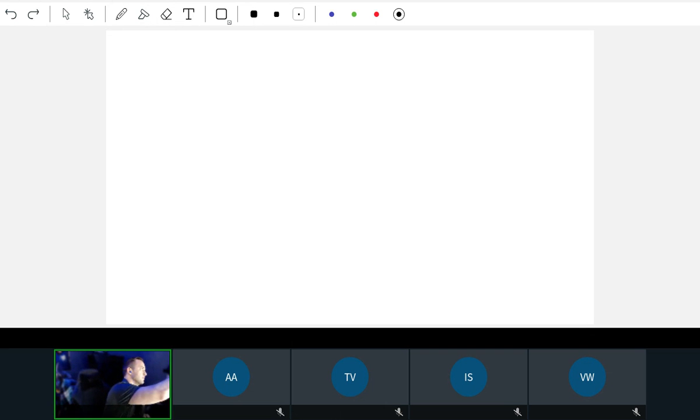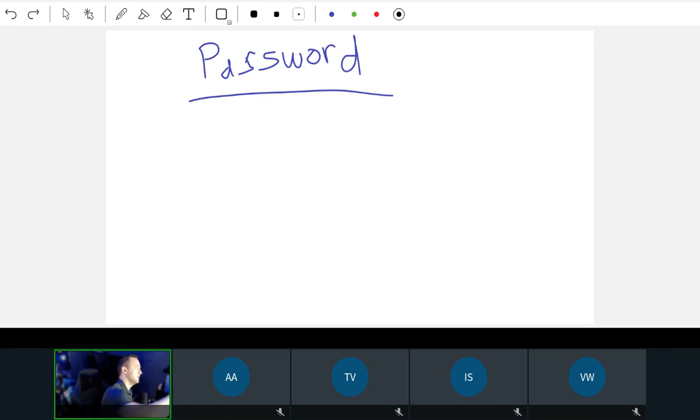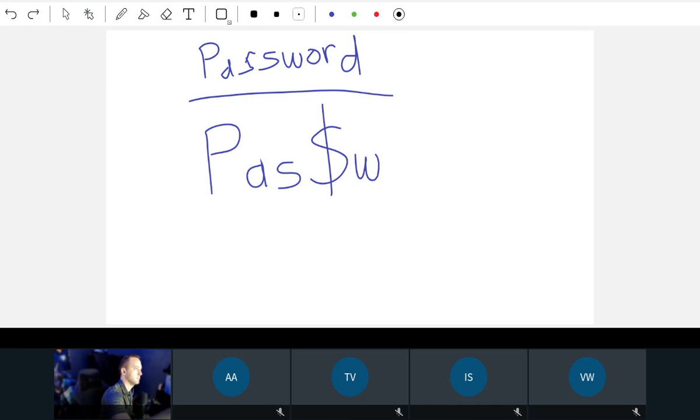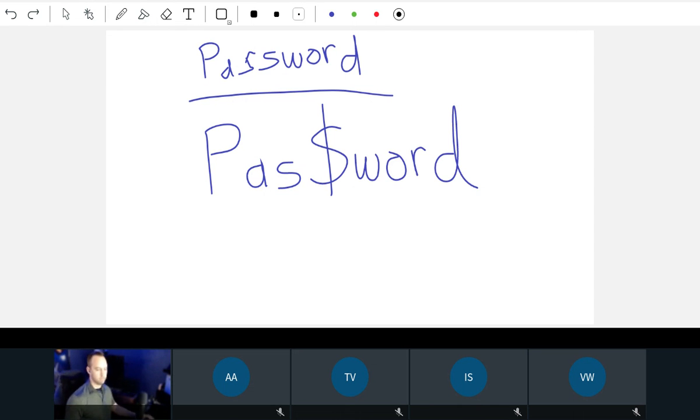All right. So the password is capital P with a dollar sign for the second S, and the rest of it's lowercase.